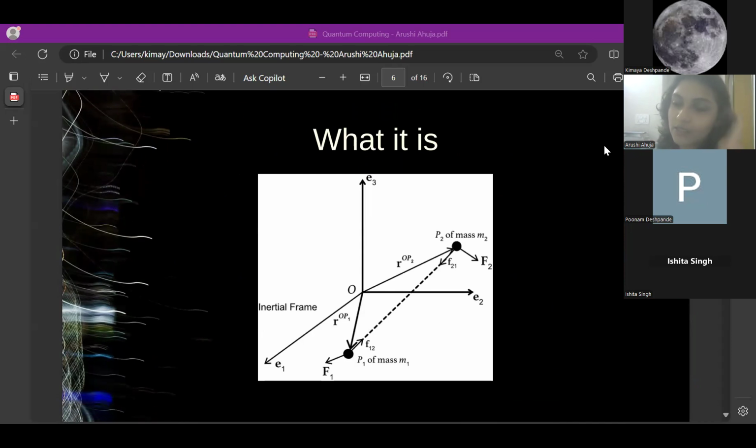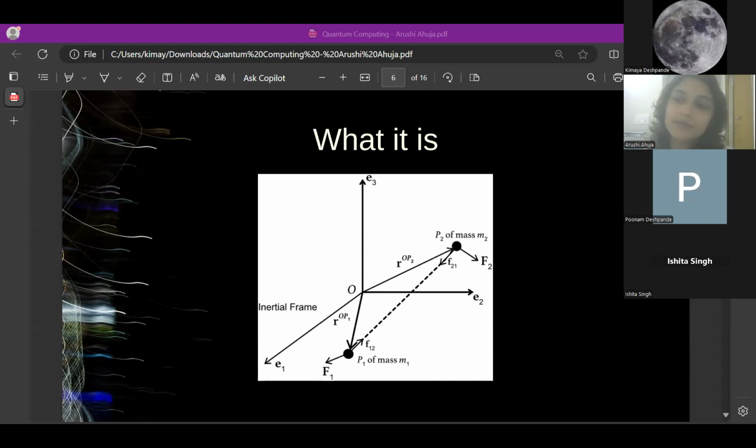If I have one planet here and 4 different planets here, 1, 2, 3, and 4, to calculate the total gravitational force exerted on this planet by all these 4 planets, I need to take the individual gravitational force for each pair. So planet 1 to planet 2, planet 1 to planet 3, and so on.